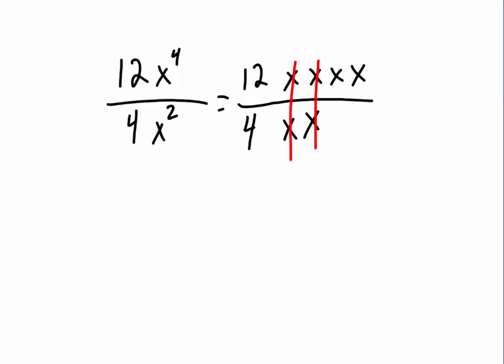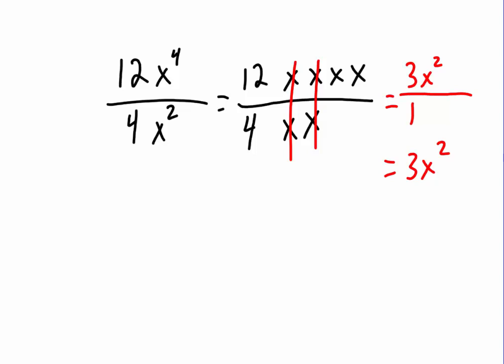And 12 divided by 4 is just 3, or 3 over 1. So we could say this is 3 up top over 1, and then put the x squared up top, which again is just equal to 3x squared, because it's a 1 in the denominator.